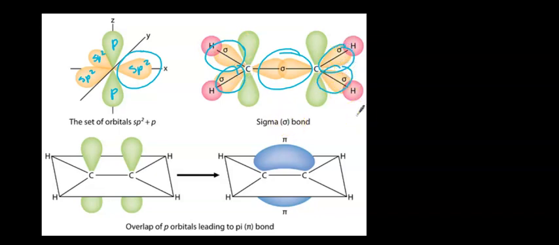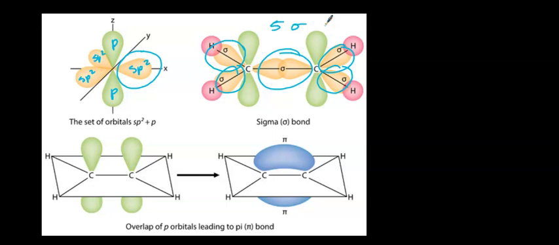So in this molecule, we have a total of 5 sigma bonds. Again, resulting from the overlap of hybrid orbitals with other hybrid orbitals, as is the case of the bond between the carbons, or hybrid orbitals and atomic orbitals, as is the case in the bonds between carbon and those 4 hydrogens.